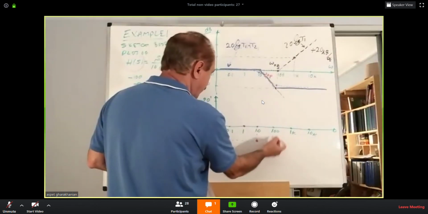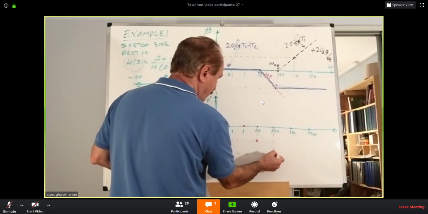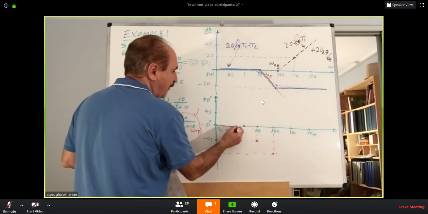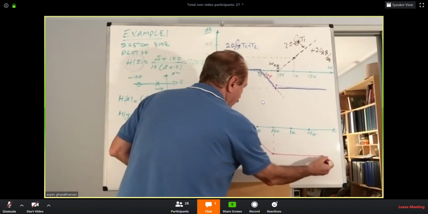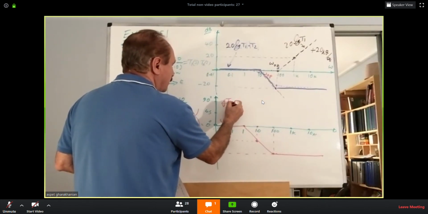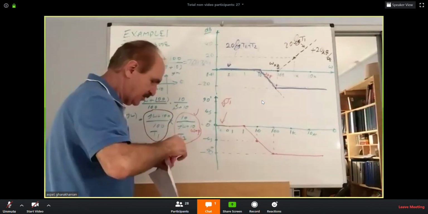So it's going to be right here. Now, this is the graph of angle of T1. You construct that, okay? You will construct it.